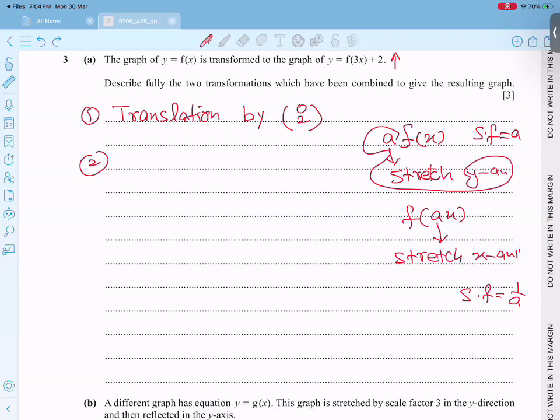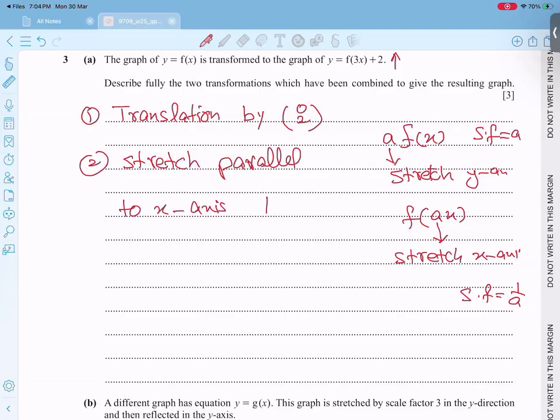Outside is the y-axis, inside is the x-axis. So I can easily tell: stretch parallel to the x-axis by stretch factor, don't say 3, 1 over 3. The reason is the reciprocal. I hope the concept is very clear.